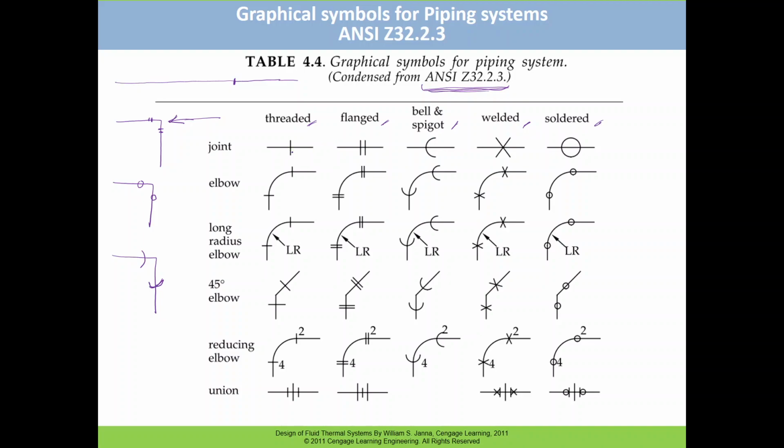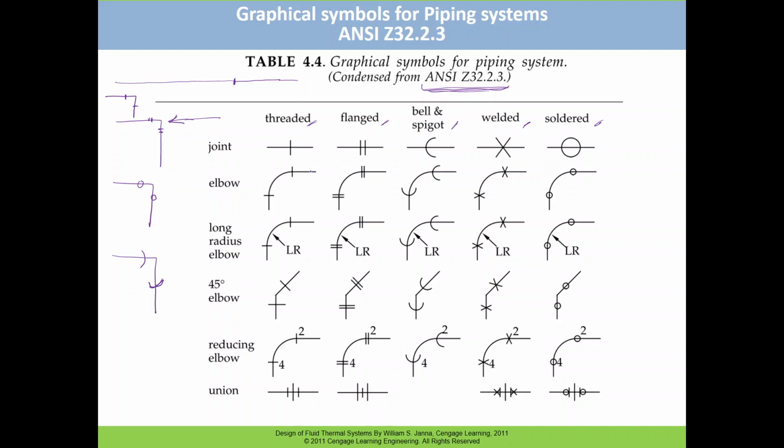So the different symbols indicate the different joints. If there is only one line, then it indicates that your joint is threaded. If it is two lines, then it is a flange joint, and if it is a ball and spigot kind of joint, then it is shown by a curve, the welded joint is shown by a cross, and the soldered joint is shown by a small circle. So this is just a joint in the pipe, right?